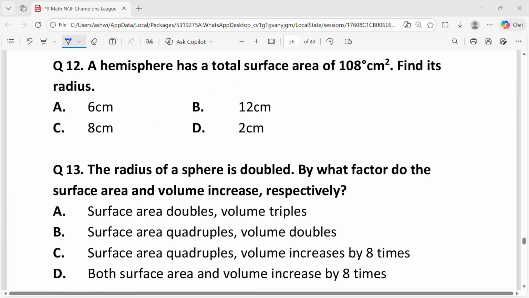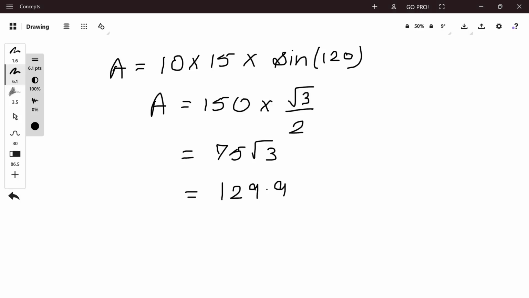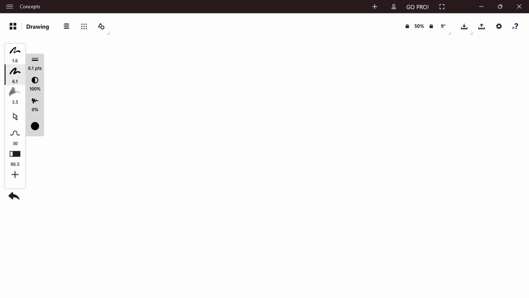Question 12. A hemisphere has a total surface area of 108 pi centimeter square. Find its radius. The total surface area of a hemisphere is given using the formula TSA is equal to 3 pi r square.